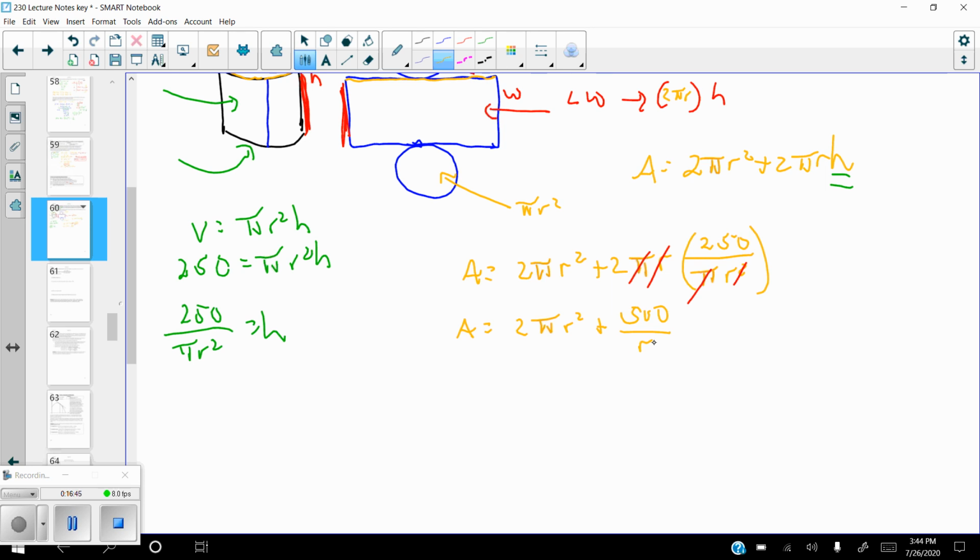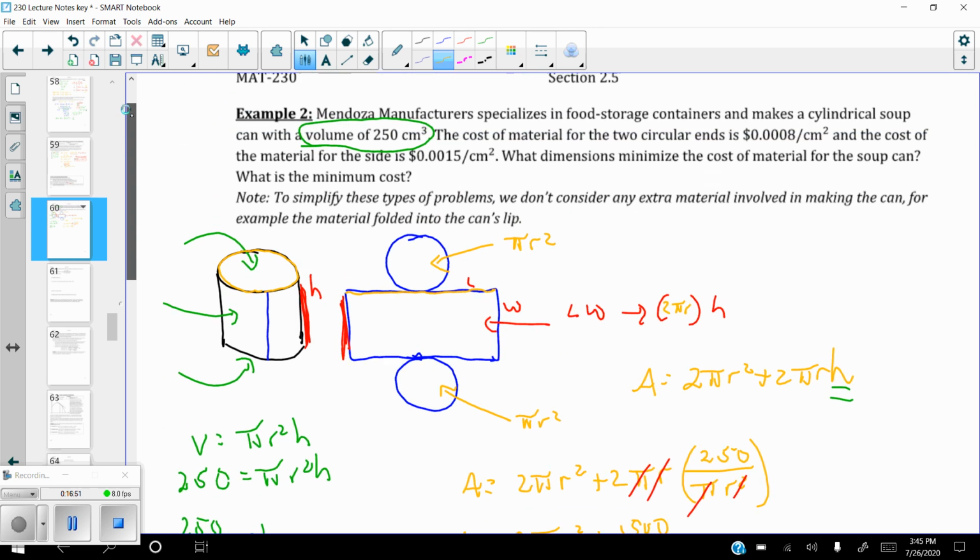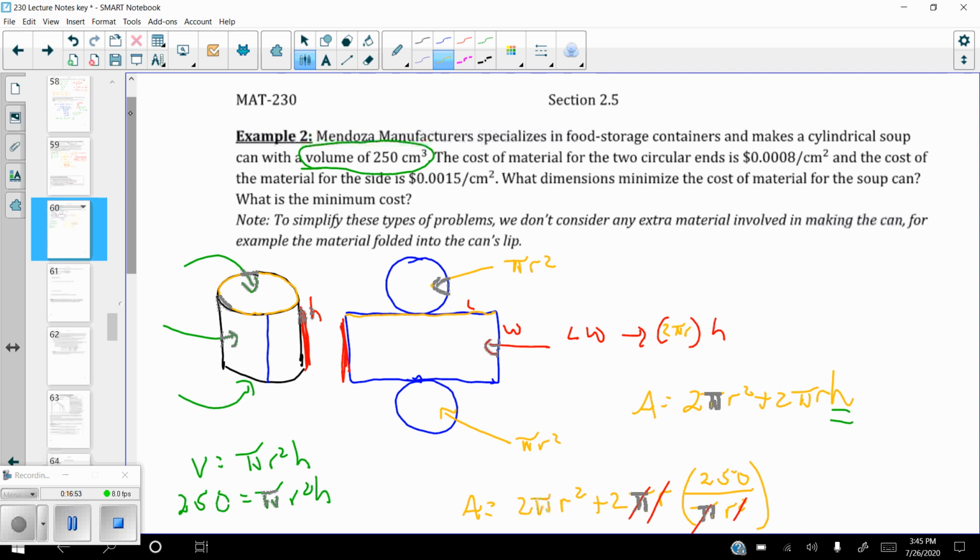And now we're in a position where we can actually try to minimize or maximize the area. But I'm really not just trying to maximize or minimize the area, I'm trying to minimize the cost. It tells me that it costs a certain amount of money per the top and per the side. It looks like we're using this much right here for the top and the bottom, the circular ends, and then this amount for the side.